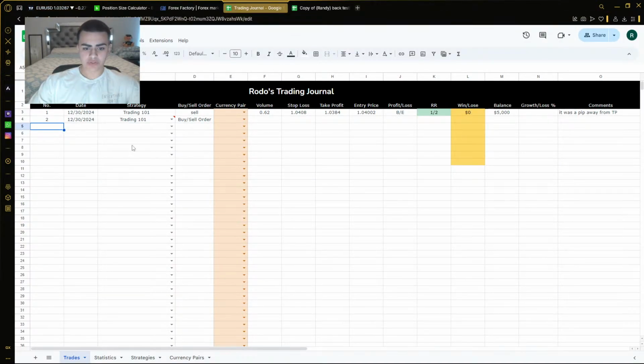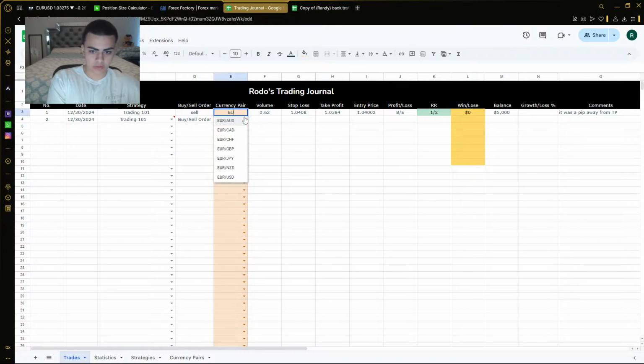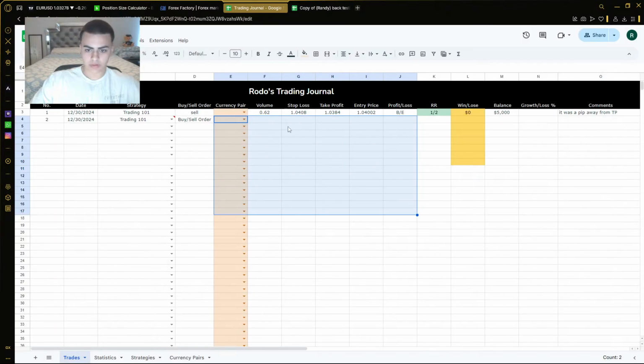The way I have my journal is I have my date, my strategy, my buy or sell, my currency pair, which I don't know why it goes away here. But I have the volume I traded in. Look, I was already doing it.